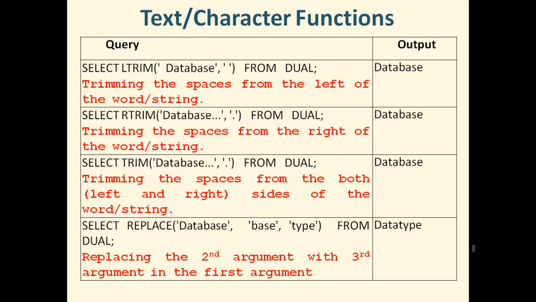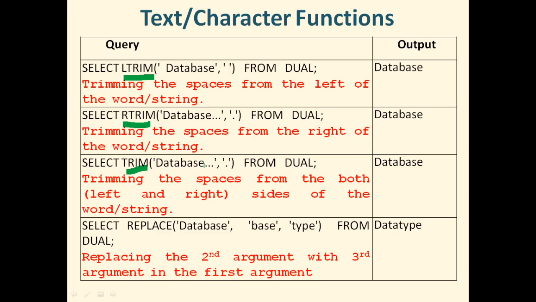Let us see what more functions are there in text series. We have LTrim, we have RTrim, and we have trim. I would like to talk about them together. LTrim means left trimming, RTrim means trimming from the right, and trim means trimming from both sides. The trim function is used to trim the spaces. So LTrim will trim the spaces from the left, RTrim will trim the spaces from the right, and trim will trim the spaces from left and right.